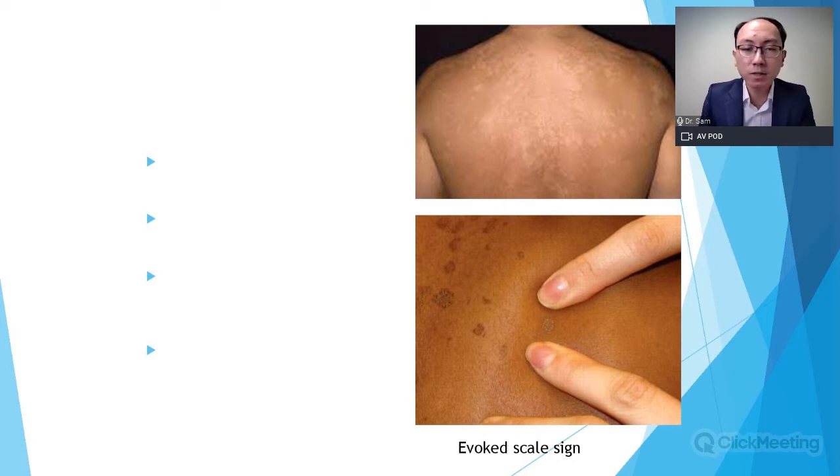You use 2 fingers and stretch the skin in and out a few times, and sometimes we also suggest a scratch test. You use a spatula to scratch perpendicularly on the hypopigmented region, and after you do this evoked scale test or scratch test, you see scaling on the skin. This will tell you the patient has Pityriasis Versicolor.